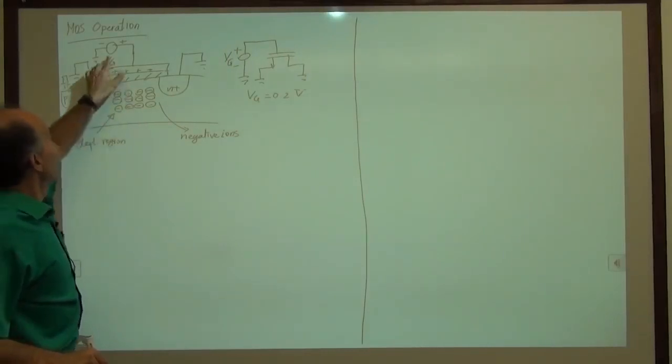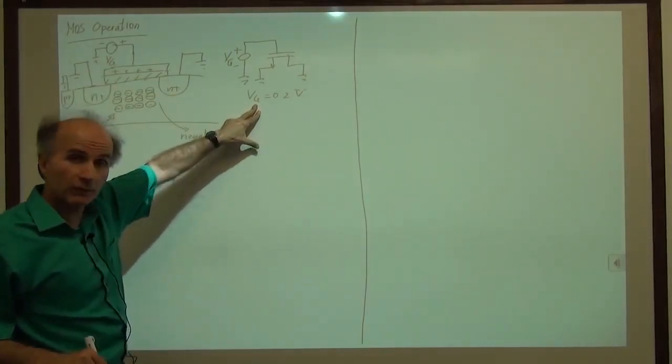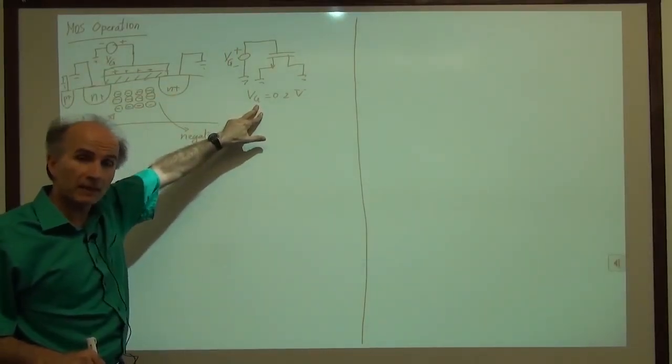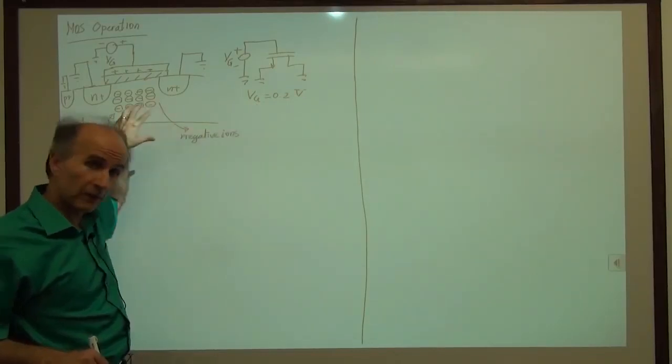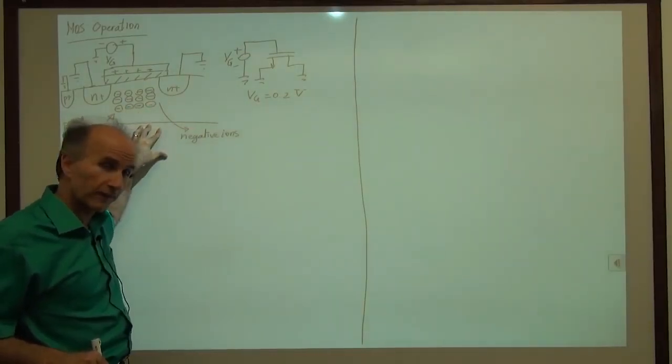What really happens is the following. After a certain amount has been reached for VG, something else happens above and beyond forming this depletion region.